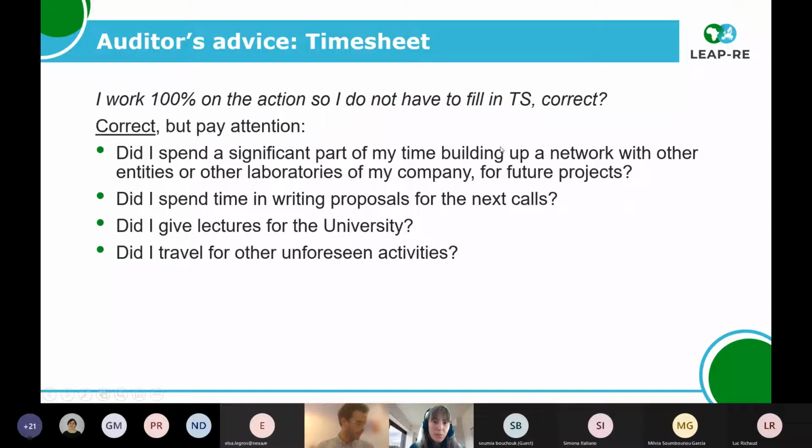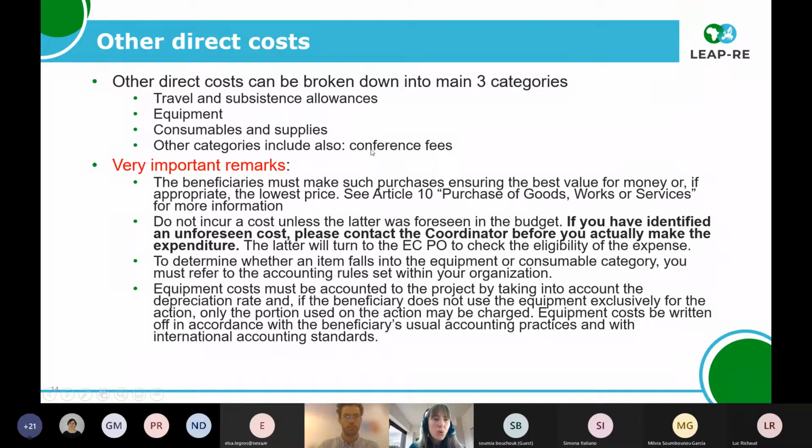Okay, so if you are wondering whether or not the timesheet applies to you, I invite you to ask yourself those questions. I'm not going to go too much into detail about other direct costs, but they are composed notably of travel costs, equipment costs, consumables, and other direct costs such as participation in conferences.